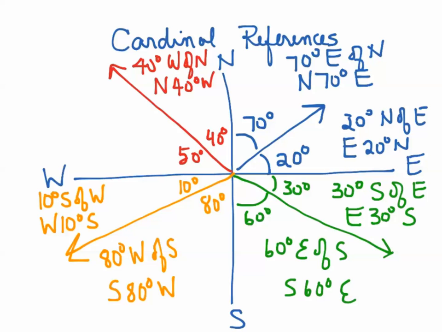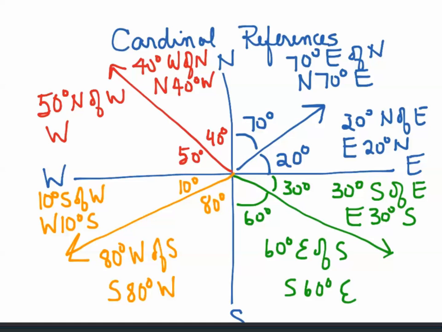Using the 50 degrees, this vector direction is 50 degrees north of west, or west, that's correct, west 50 degrees north.